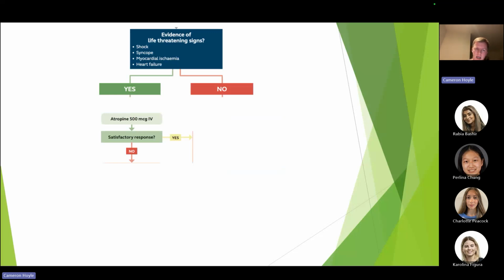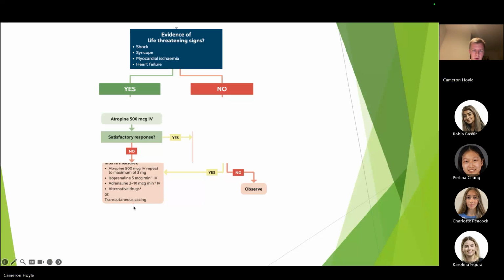So you want to give it in a large cannula, followed by a good flush, and see whether they respond. Generally, you want to wait about 30 seconds to a minute to see if they respond to it. And then we can repeat the doses if there isn't a satisfactory response. You can repeat the atropine.